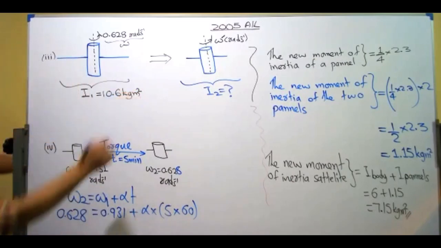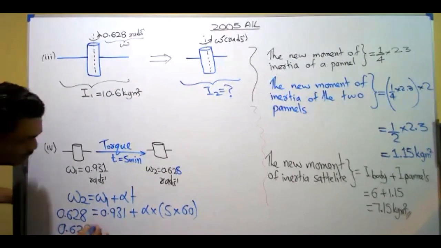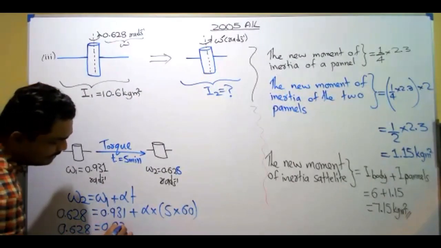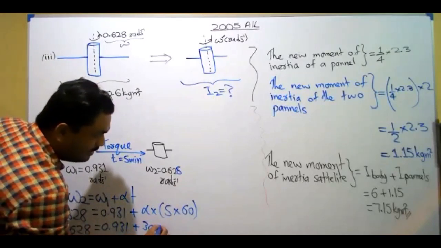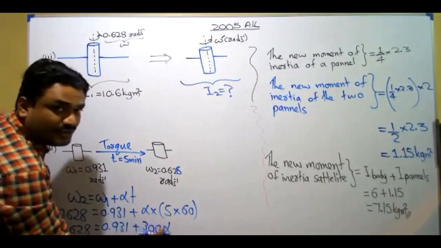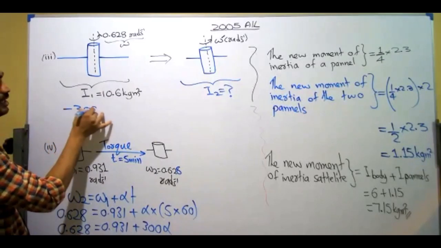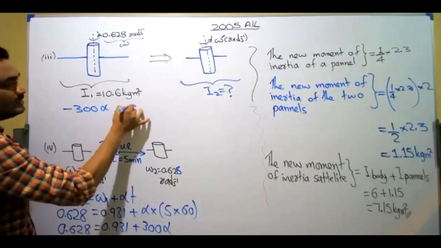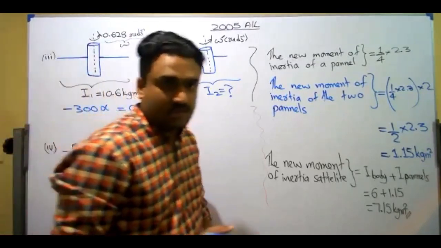Now I will do something like this. I don't do anything to this 0.628. I don't do anything to 0.931. 5 times 60 is 300 alpha. I'll take this 300 alpha to this side, so it will become minus 300 alpha. 0.931.